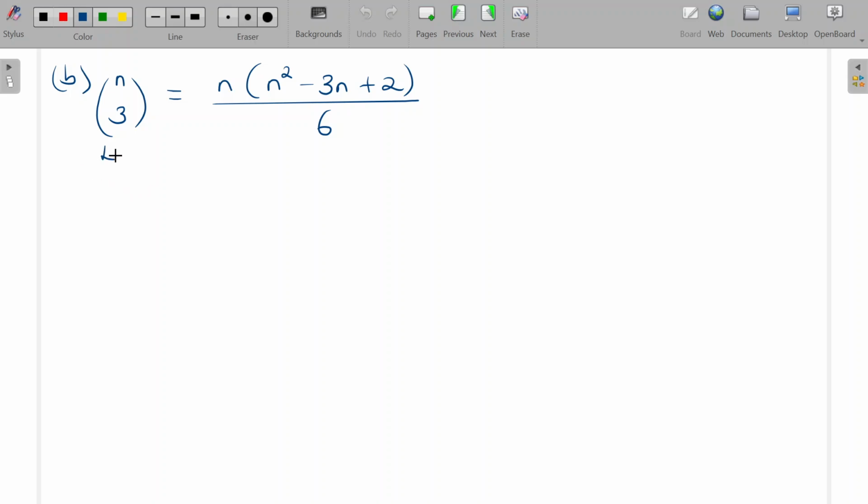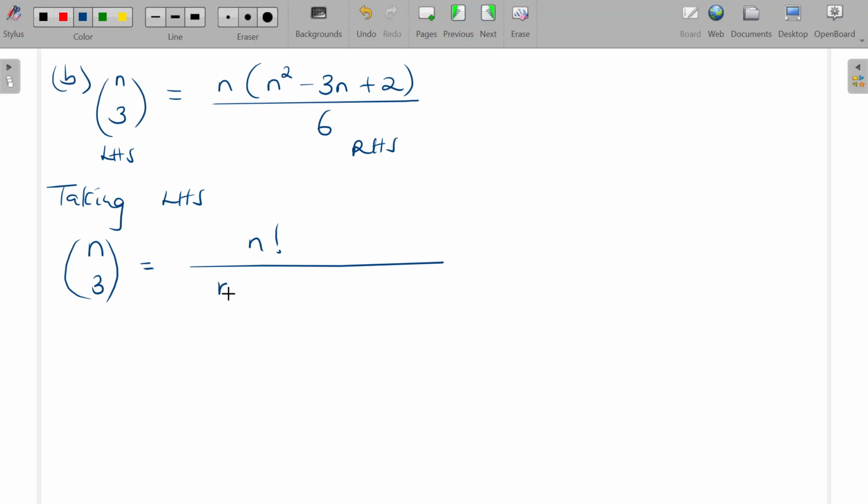So I have my left hand side and I have my right hand side. Taking the left hand side, which is just n combination 3, this is the same as writing it as n factorial over n minus 3 factorial times 3 factorial.